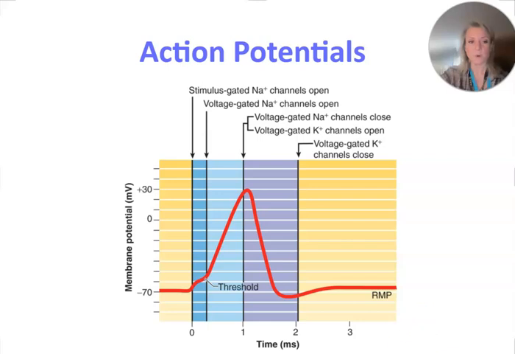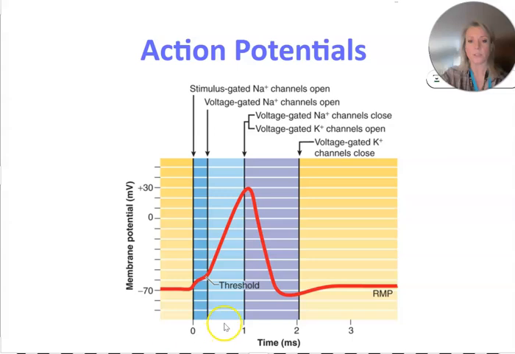And so this is what we are looking at here. We are looking at our line. You can see that when threshold is reached, our stimulus-gated sodium channels are open. And remember that threshold is happening at the axon hillock.